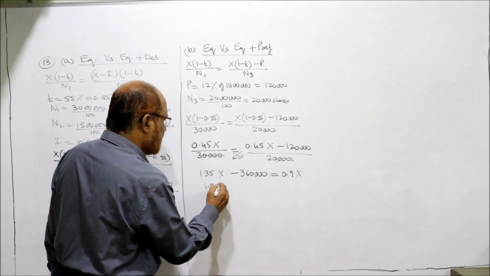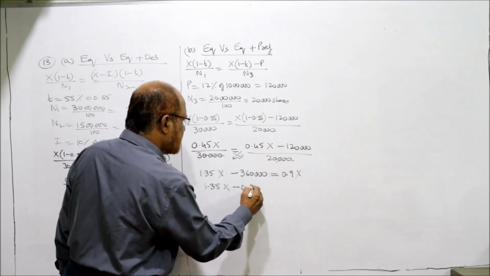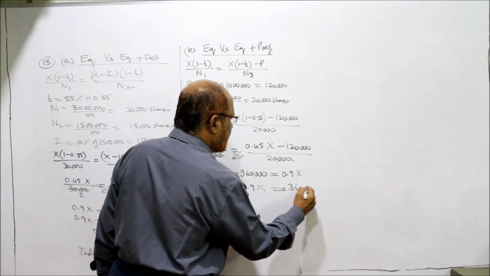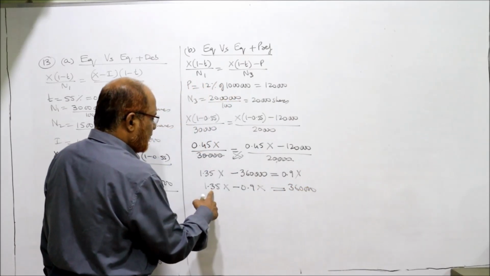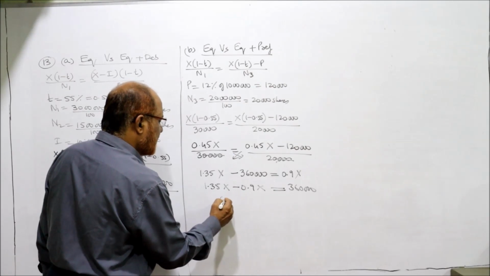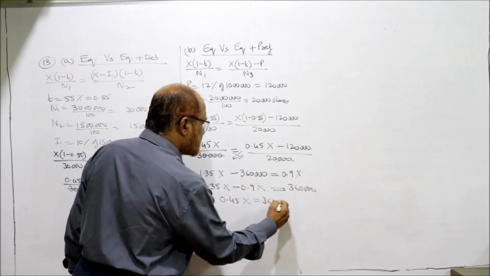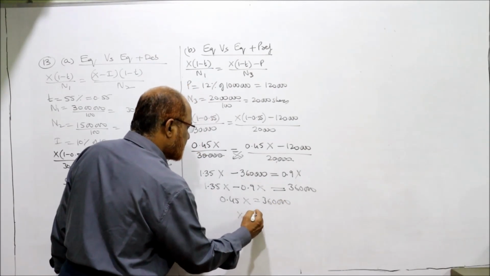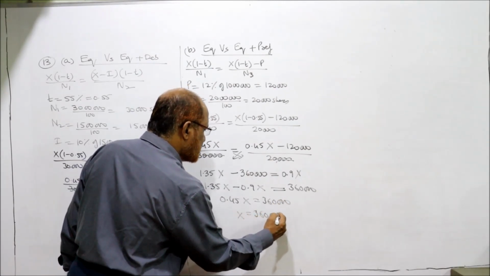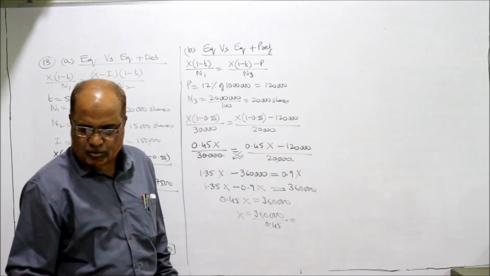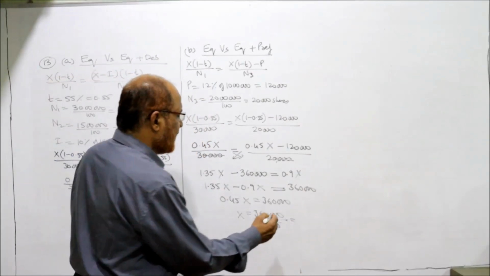So 1.35x minus 0.9x is equal to minus 3,60,000, which will become plus 3 lakhs. 1.35 minus 0.9 is 0.45x is equal to 3,60,000. X is equal to 3,60,000 divided by 0.45, which is 8 lakh.